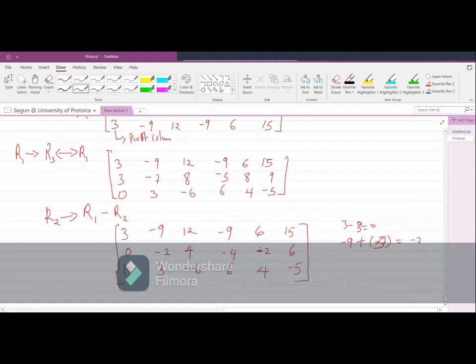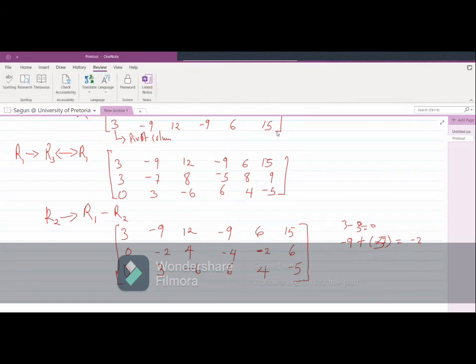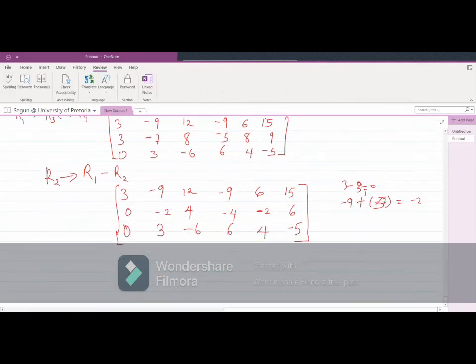So what do we do next? The next thing we need to reduce is what? Row 3. No, row 3. I've told you, anything on the diagonal, don't trouble yourself first with the diagonal. Work on the rows to reduce first. We need to reduce row 3. So how do we reduce row 3?